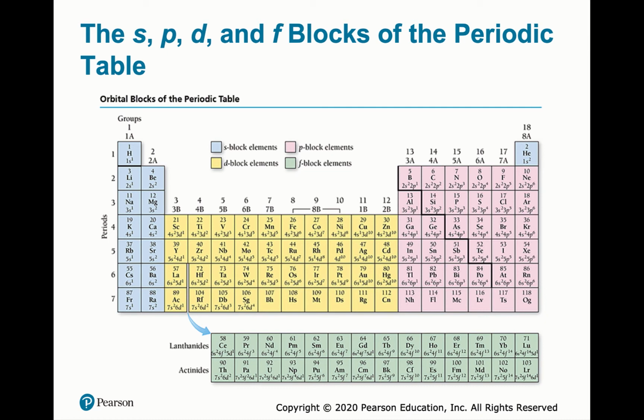And notice also for the lanthanides and actinides, that jumps in. So if you see lanthanum is element number 57, and then it goes to cerium at number 58. So the periodic table should be pushed out a little further, but we keep it this way because it fits nicely on a sheet of paper.